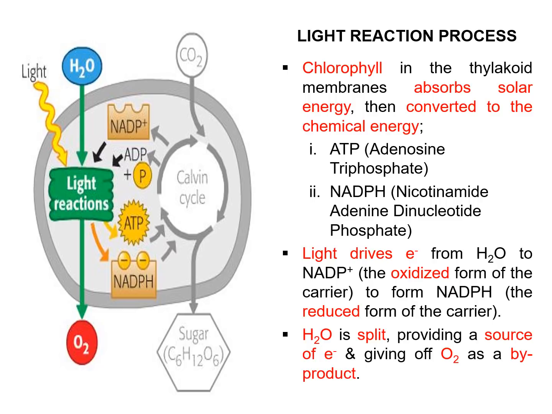In the light reaction process, the chlorophyll in the thylakoid membranes will absorb solar energy, then convert this energy into useful chemical energy, namely ATP as well as NADPH.